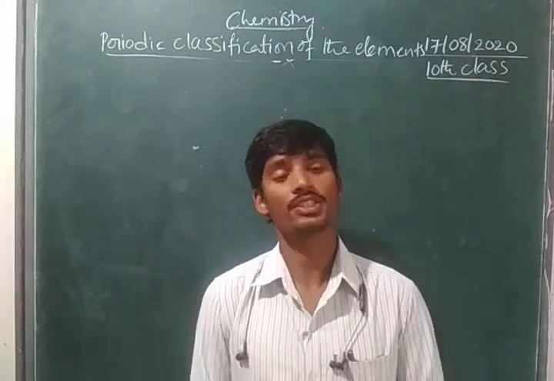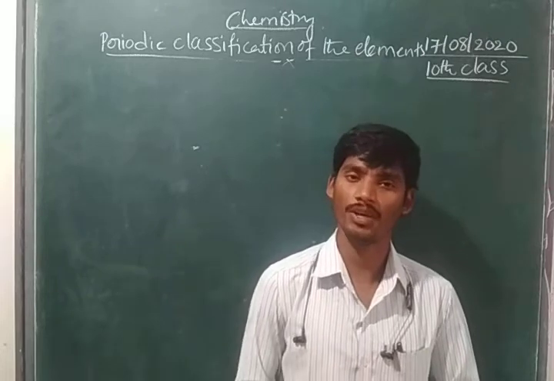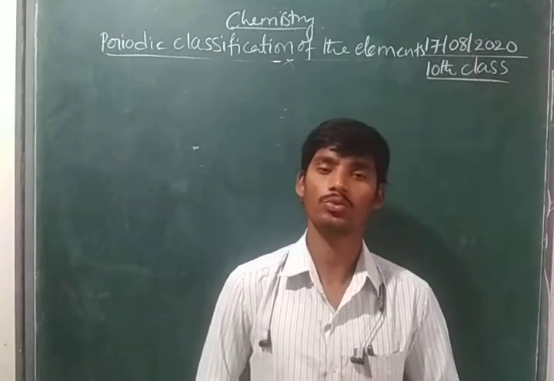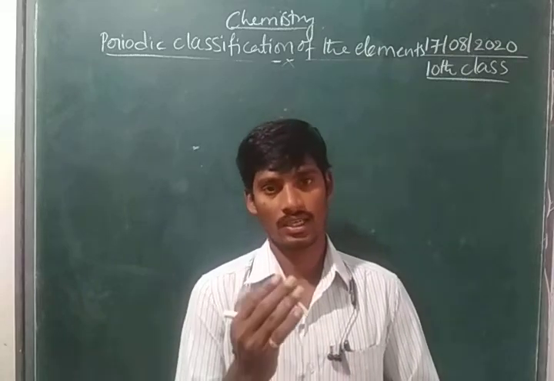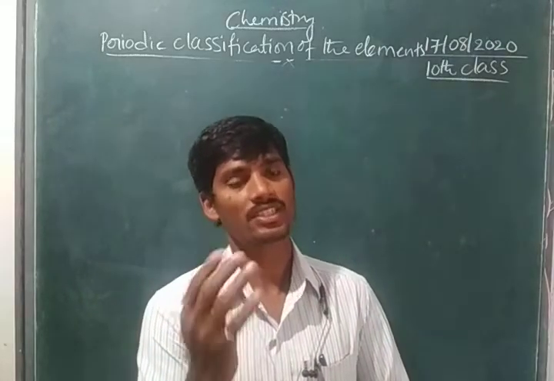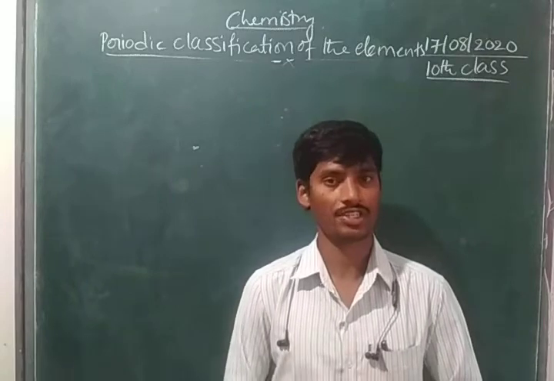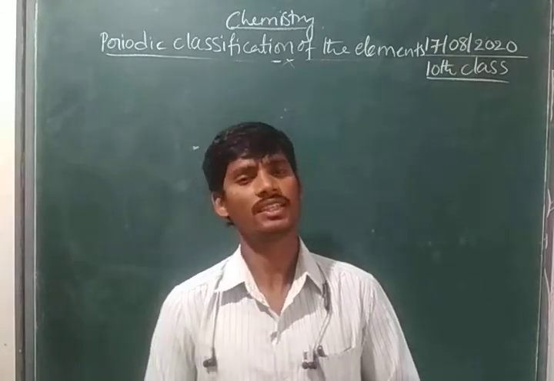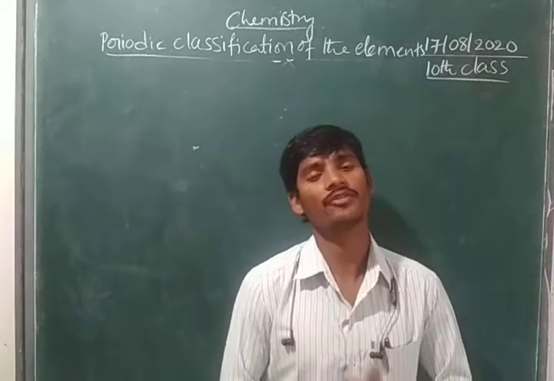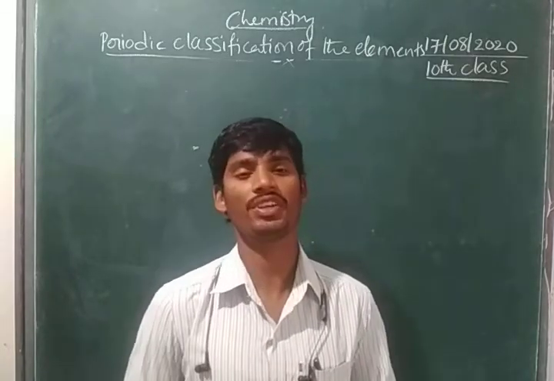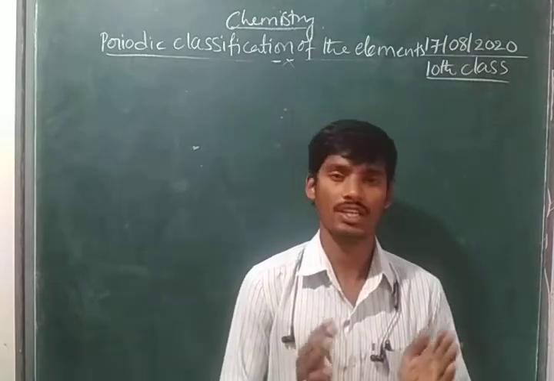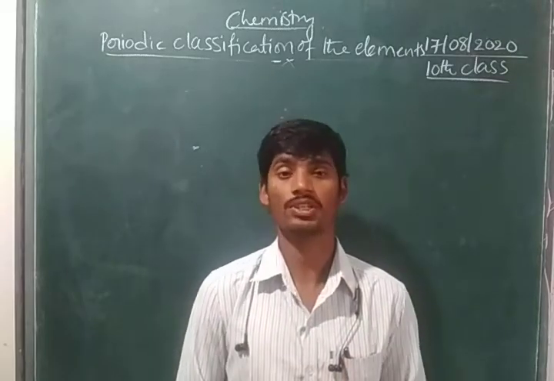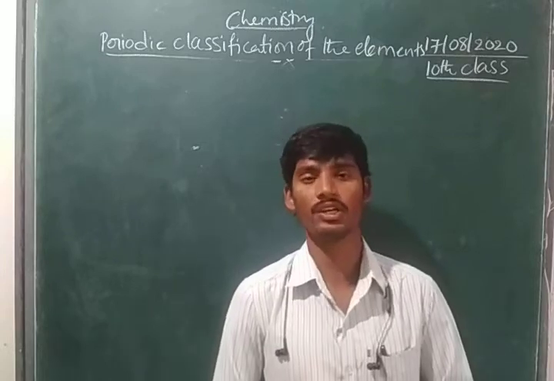Suppose if you want to discuss periodic properties, mainly there are two factors. Those two are, one is the screening effect or shielding effect, and the second one is nuclear charge. Right children, see here, screening effect or shielding effect means, suppose we consider that any atom consists of electrons, protons, neutrons along with the nucleus.